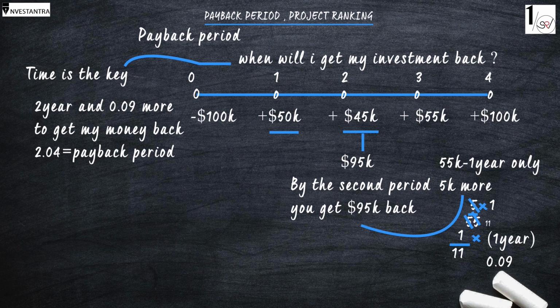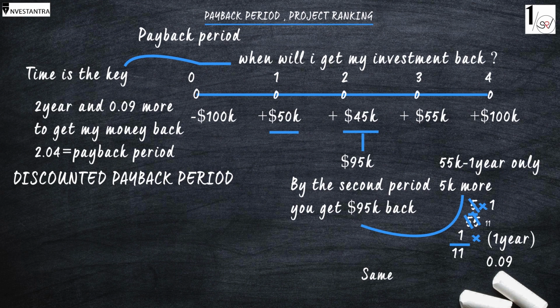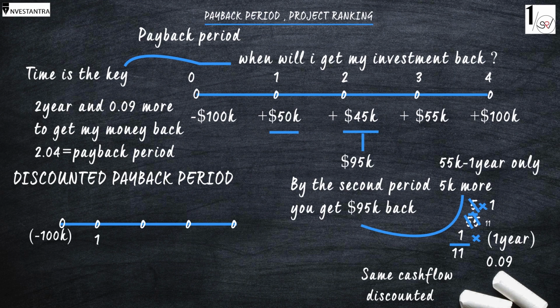You need to introduce the concept of discounting. So they were like discounted payback period. What is discounted payback period? Same cash flows, discounted. Okay, the first period, how much will I discount it by? It's 50K, but I will divide this by 1 plus R, correct?